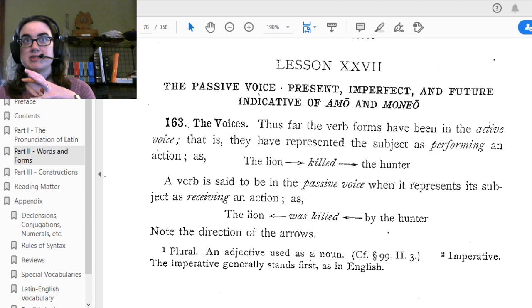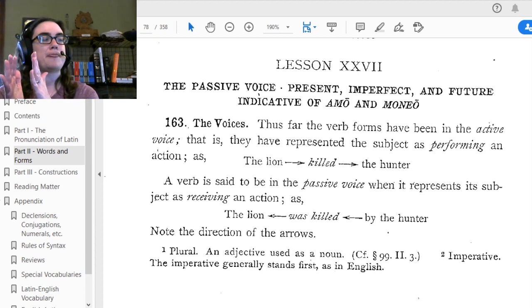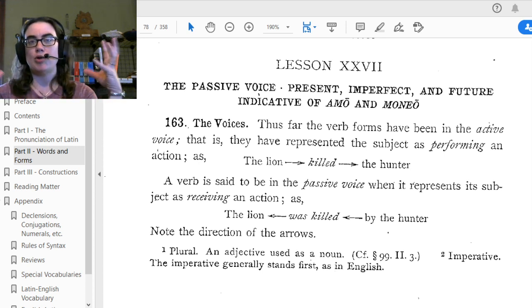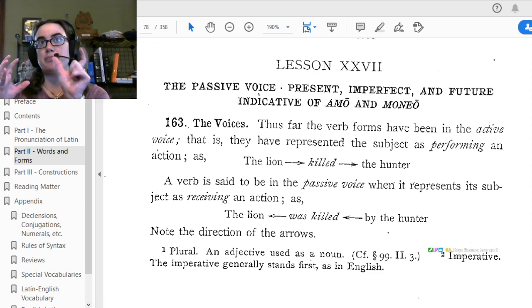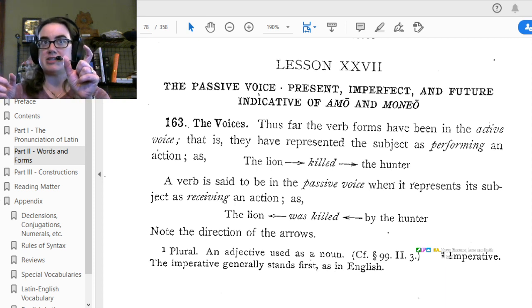To form the passive, which is what we're focusing on today, the only difference in the overall picture is that the personal endings, -m, -s, -t, -mus, -tis, -nt, are now -r, -ris, -tur, -mur, -mini, -ntur. The first set are the active personal endings, and the second are the passive endings.